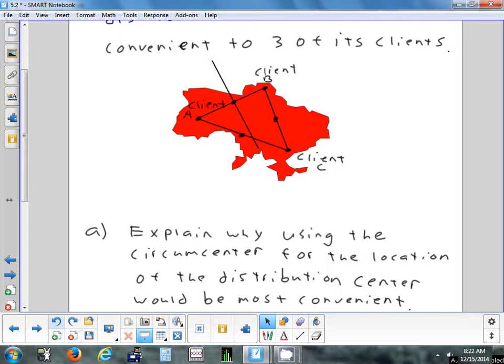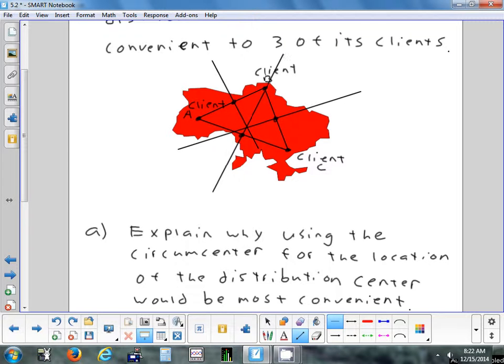So there's one. If it doesn't go through the midpoint, I can fix that after. Let's try that. There's 2. And I think we're going to be pretty good. Third one. It's not perfect, but it's pretty close.